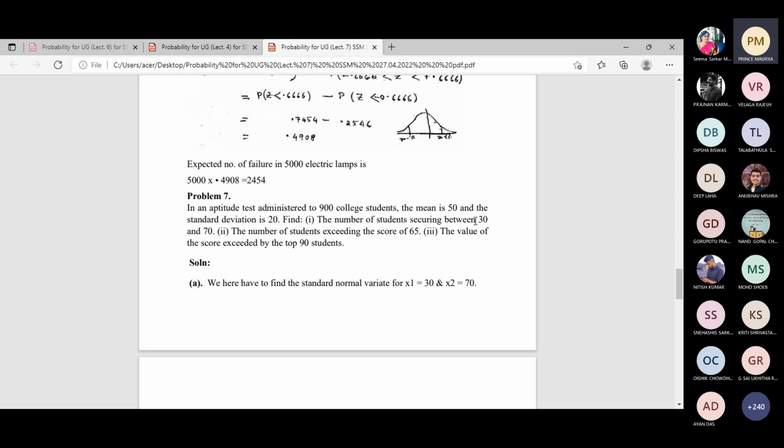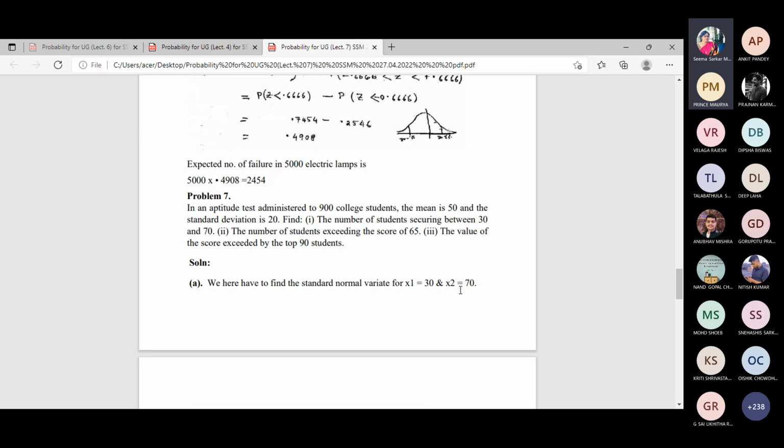As you have seen, the marks are given between 30 and 70. So they can be chosen as x1 and x2. Two values of x are given. Lower value is 30, upper value is 70. What else is given? Mean and standard deviation. Mu is equal to 50 and sigma is equal to 20. Correct. And anything else? 900. Say x1 is equal to 30 and x2 is equal to 70.